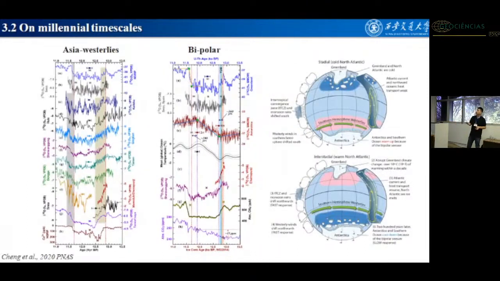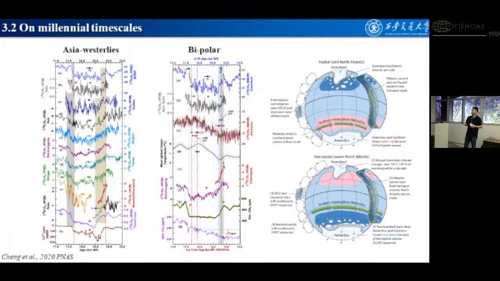For other records from Asia and also the westerly region, we can see the start and the ending time are also almost similar, but the response time in the Asia and westerly region is longer than NGRIP.